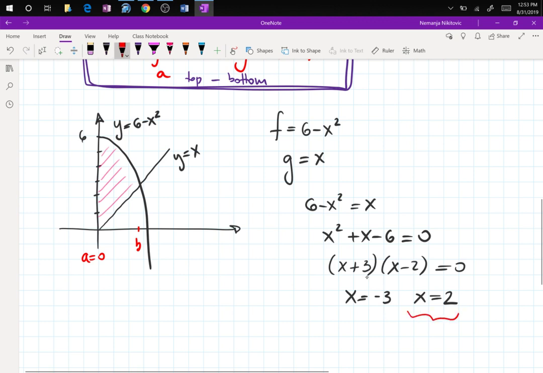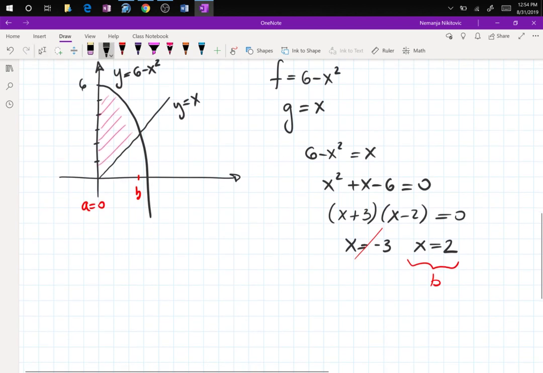We use a little bit of common sense here because one value is negative, one value is positive. Remember how I completed the picture earlier? If it was a full picture, your A would be negative 3. But since we are only using the right part, we only have x equals 2 and x equals negative 3, and we're just going to drop that in this case because we don't need it. We have a to be 0.